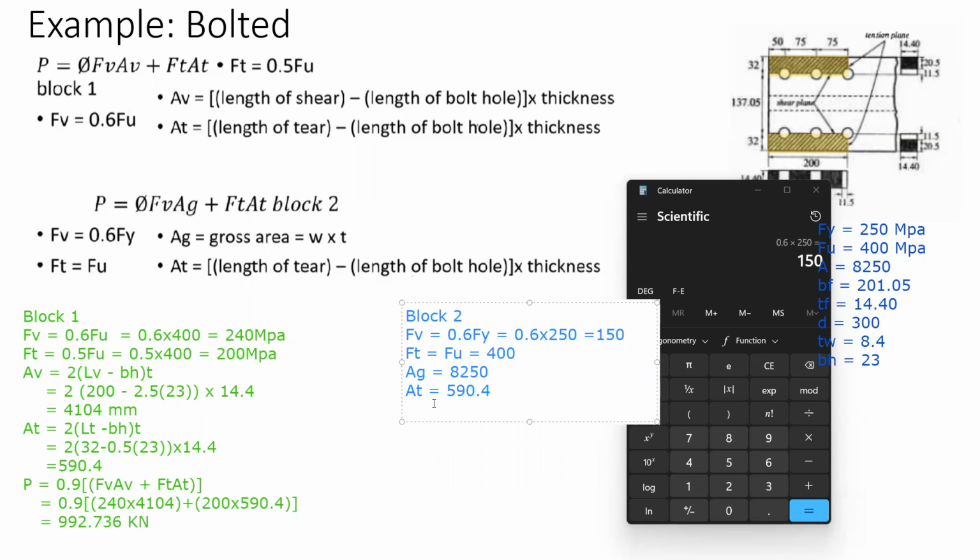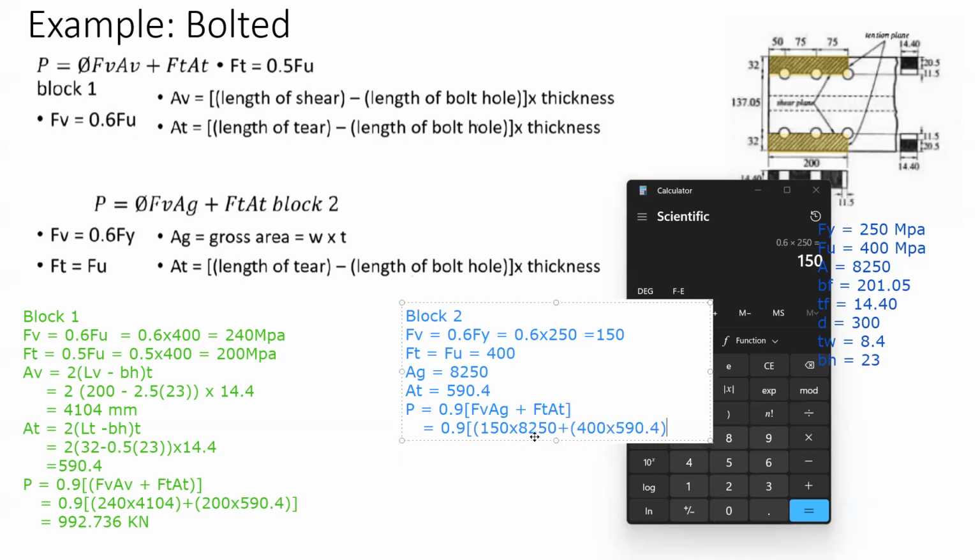So we have all we need for block 2. Let's put that into our equation. This is P equal to 0.9 times FvAg plus FtAt. Ayan. Then let's plug in our values. We have Fv 150, Ag is 8250, plus Ft 400 times At, that is 590.4.